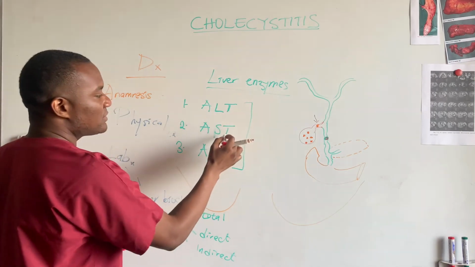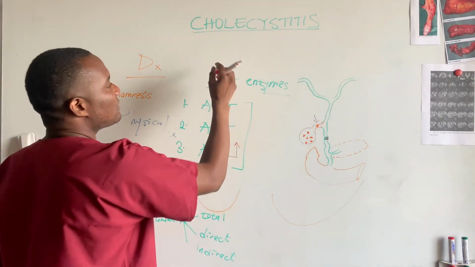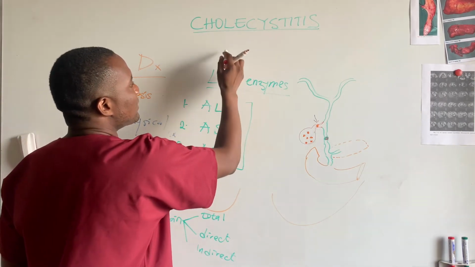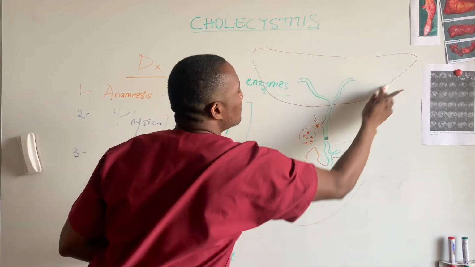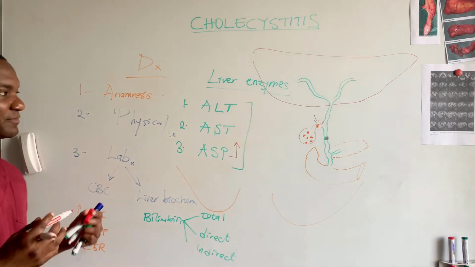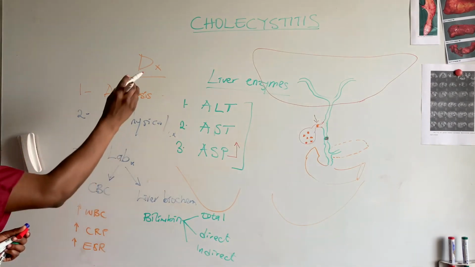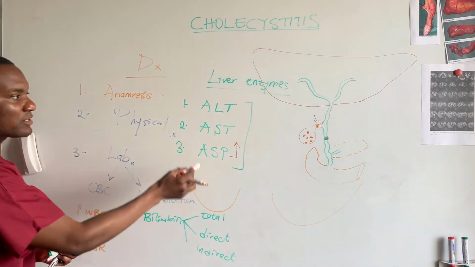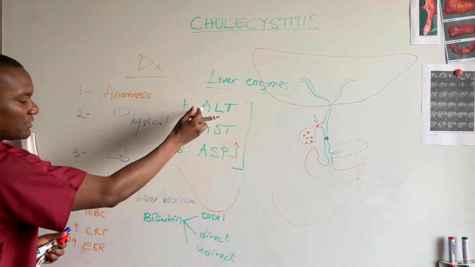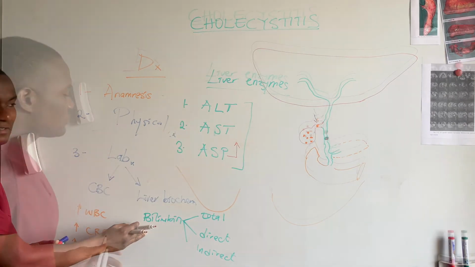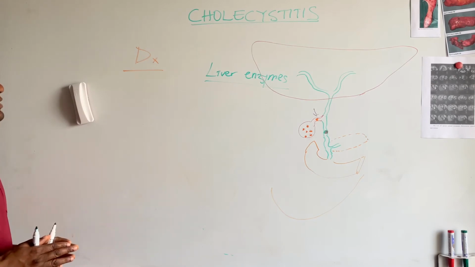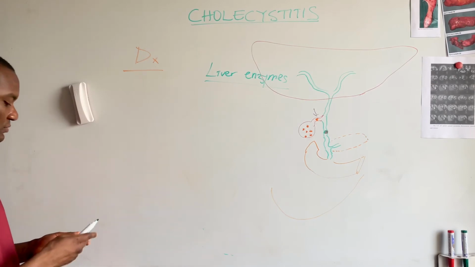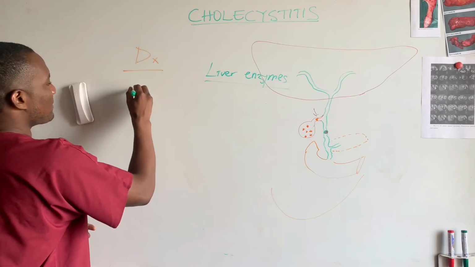And ALT and AST are indicators of some problem in the liver, maybe hepatitis or something going on. But in the case of cholecystitis, you still have to take a close look at these liver enzymes and bilirubin level. So once you are done with the laboratory analysis, we will progress to imaging.